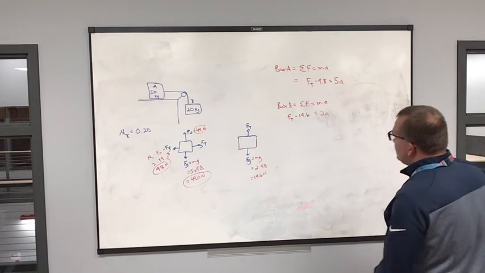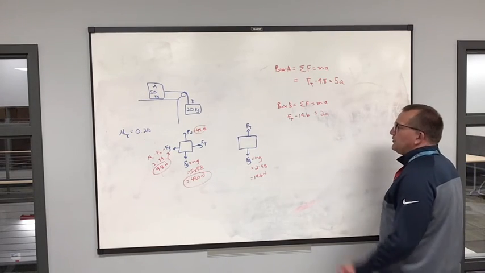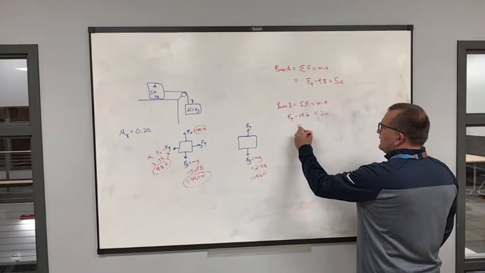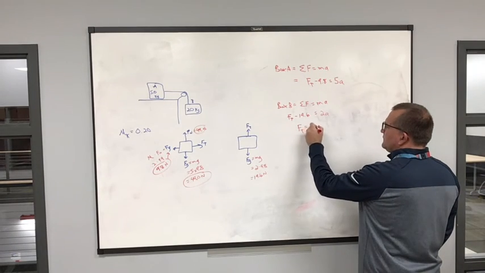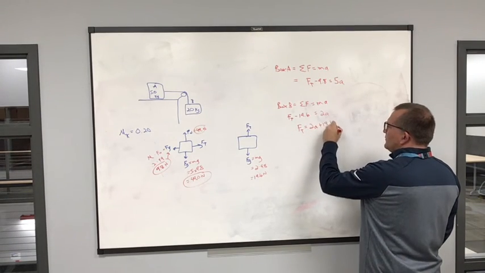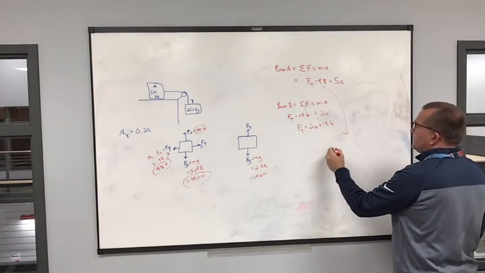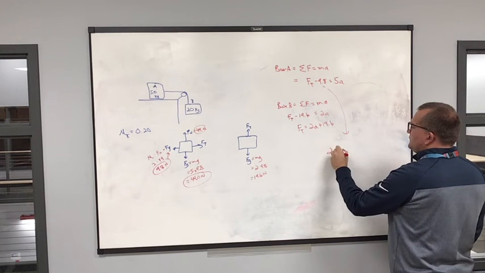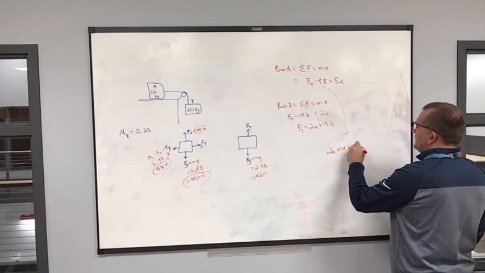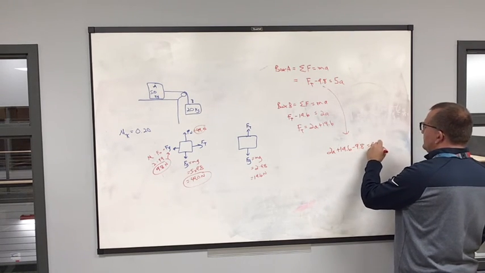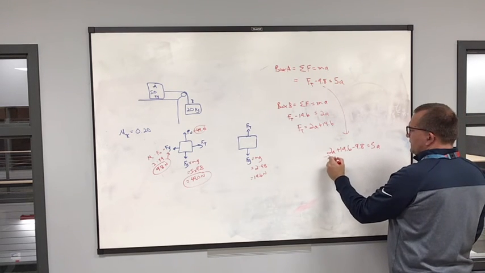This is all going to be algebra from here. I'm going to do the substitution method. I'm going to bring this over, so tension equals 2a plus 19.6, and I'm going to substitute it into here. So I'm going to say 2a plus 19.6 minus 9.8 equals 5a. Okay, so I subtract 2a.